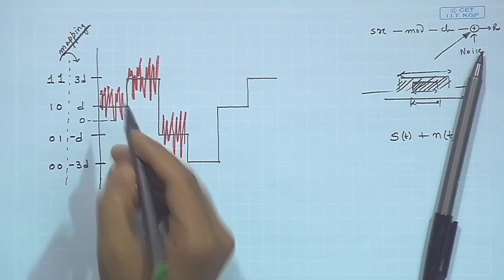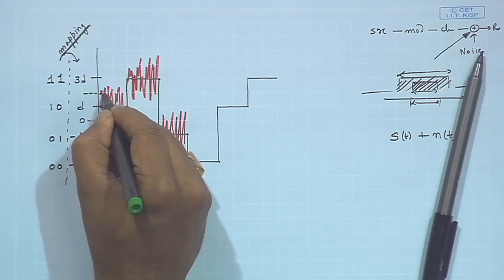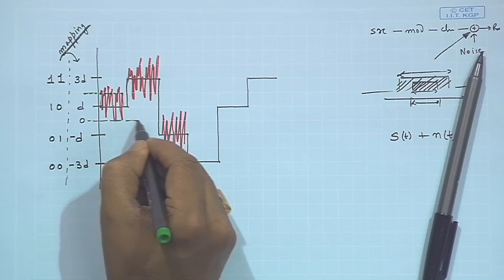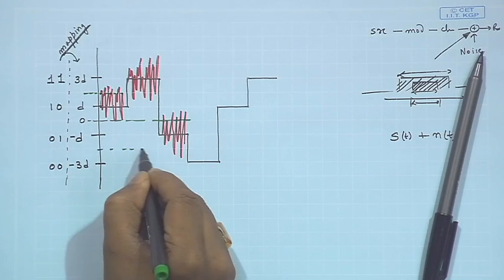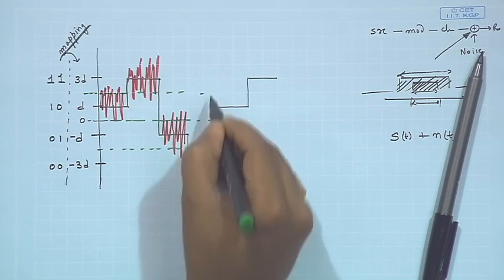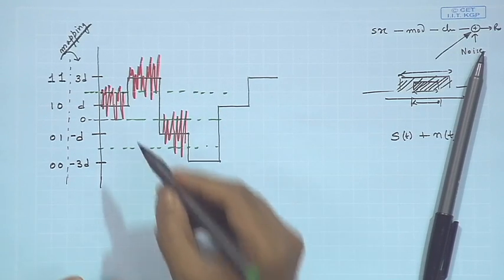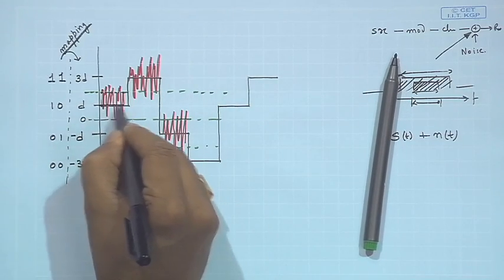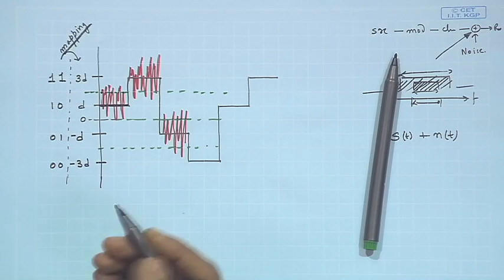And we also said that there is a decision level. So, these are decision levels. What do we mean by decision levels? When I receive this signal, so suppose something has been sent, what does the receiver do?